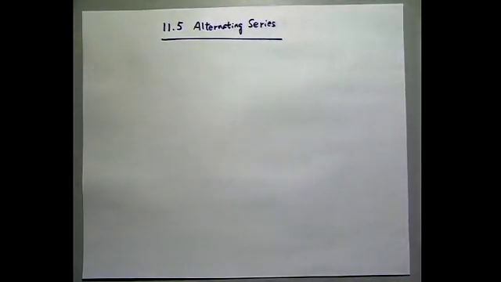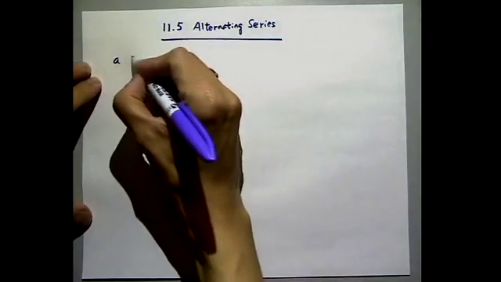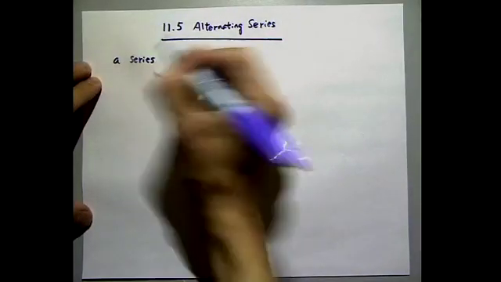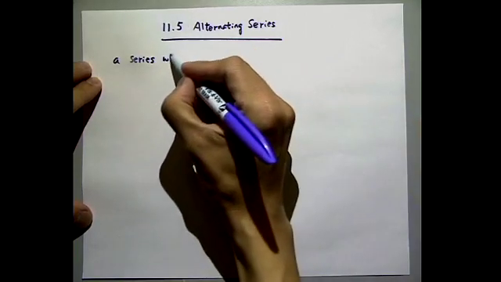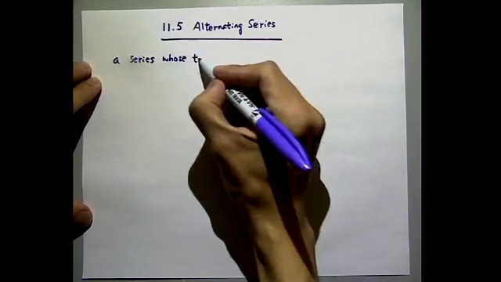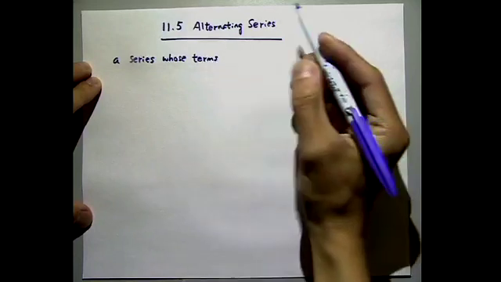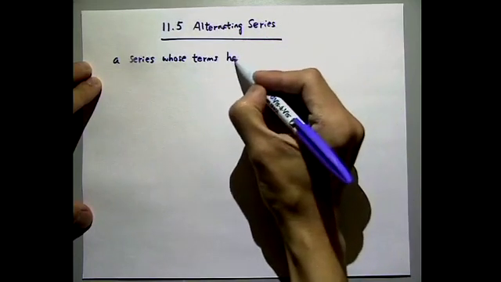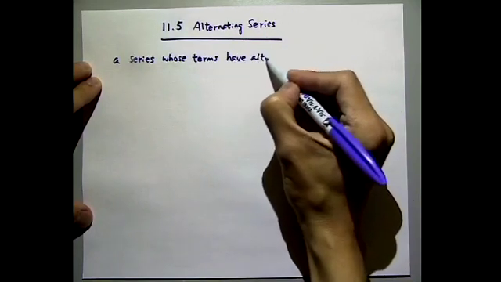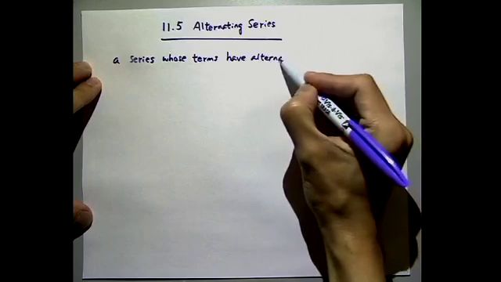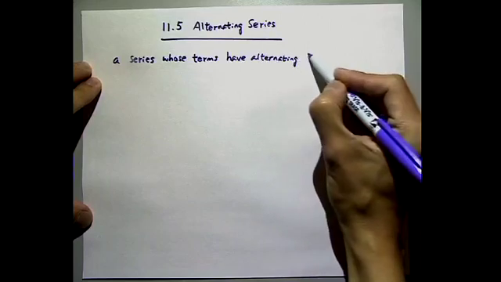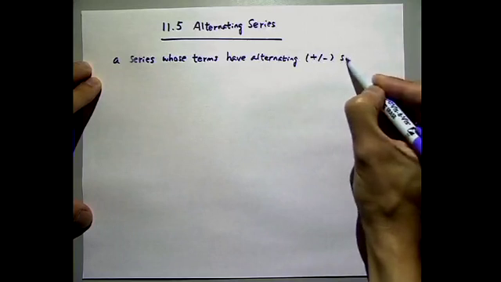We're going to look at a type of series called alternating series. So what these are are series with terms that have alternating, that means plus and minus signs.